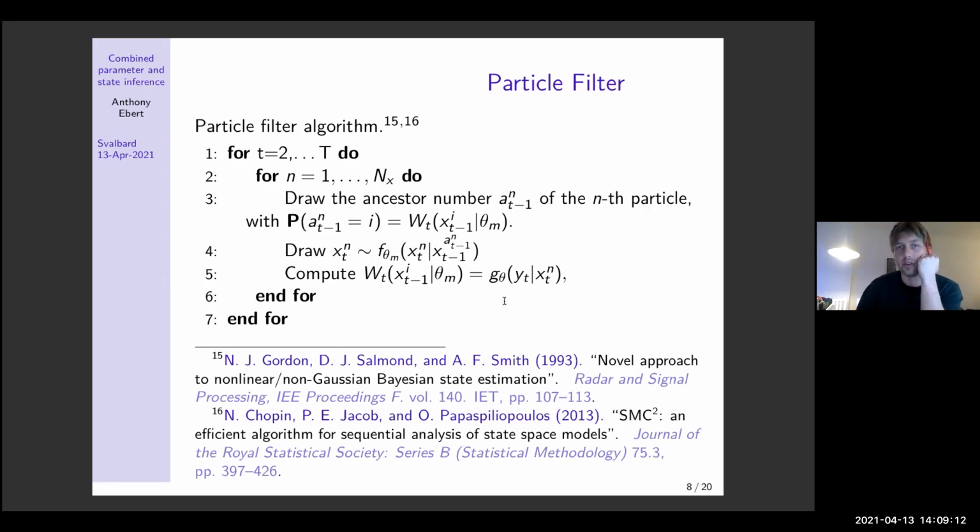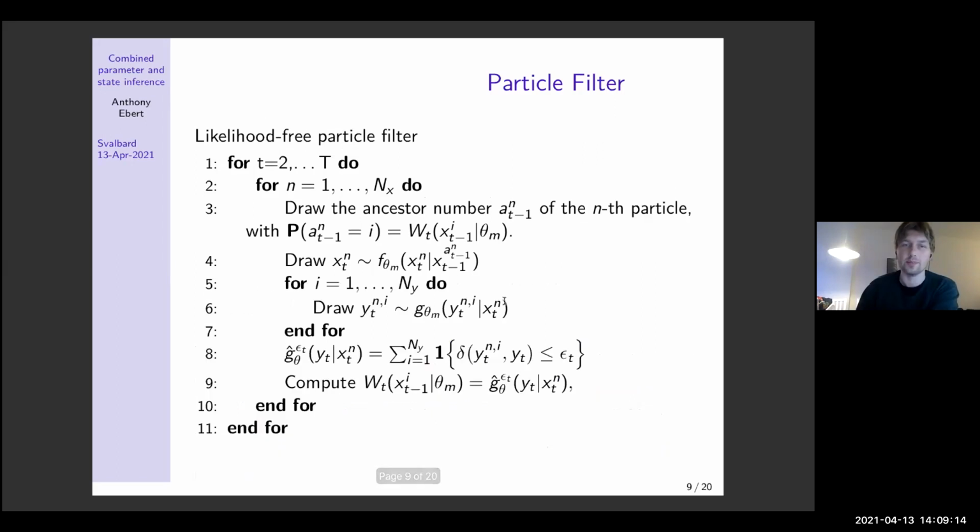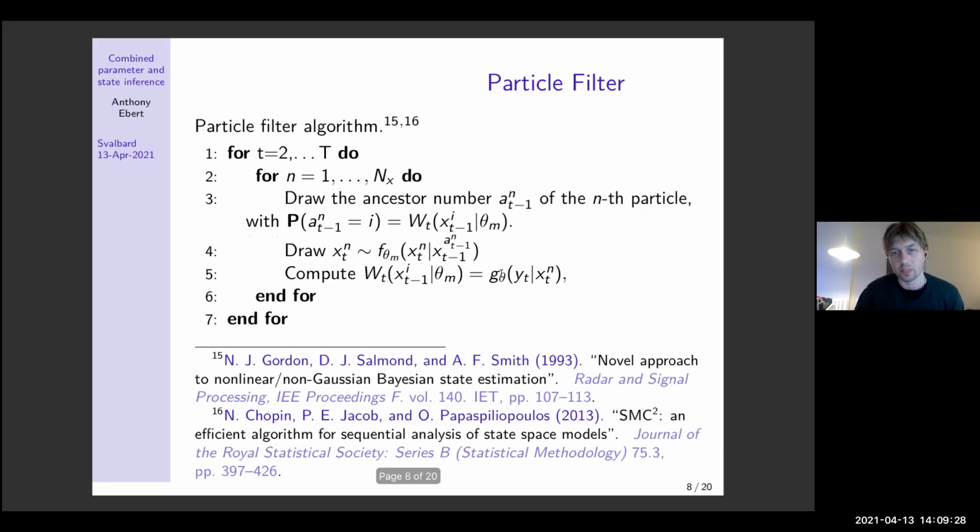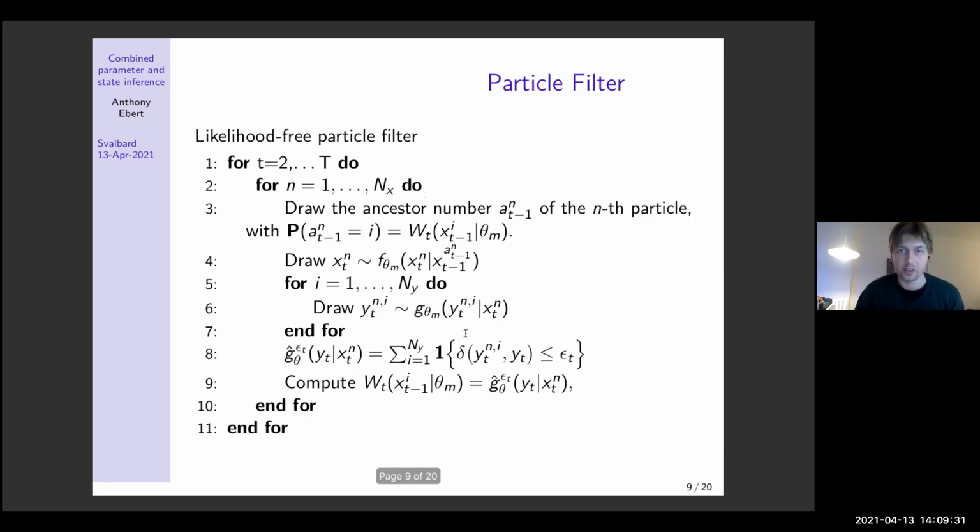Okay, and to turn this into a likelihood-free particle filter, we could simply replace this likelihood here with an indicator function depending on whether the distance is less than some epsilon, which is the most obvious thing to do.